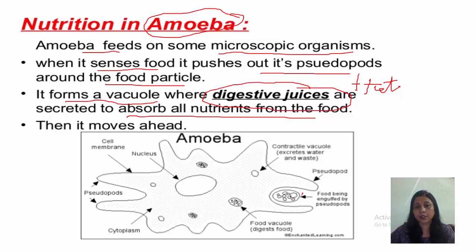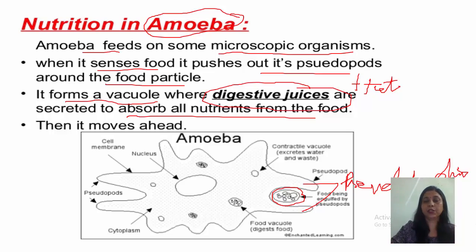You can see this is the food which amoeba is sensing, and these are the pseudopodia.